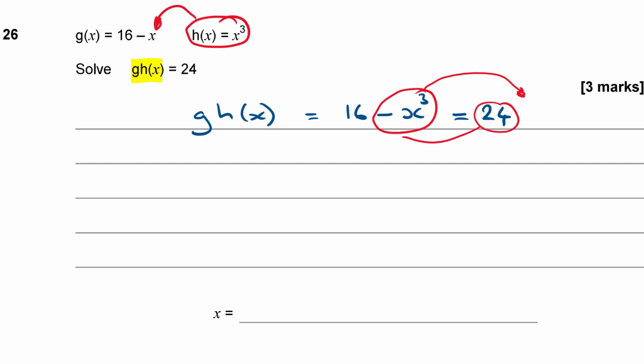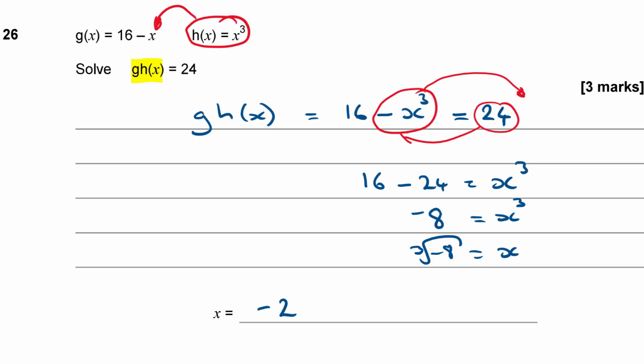And we can take this 24 and move it to this side. And we're going to get 16 minus 24 is equal to x cubed. So 16 minus 24 is, well, it's minus 8, isn't it? And that's equal to x cubed. So then we need to cube root minus 8 to find x. Cube root of minus 8 is negative 2.